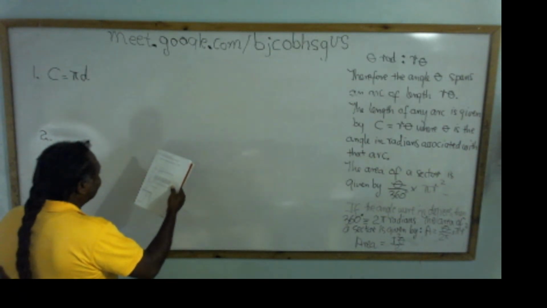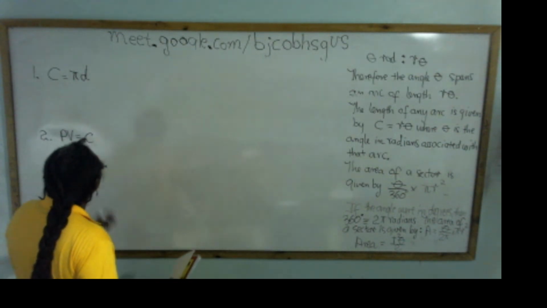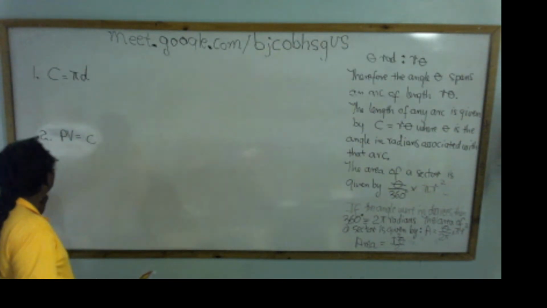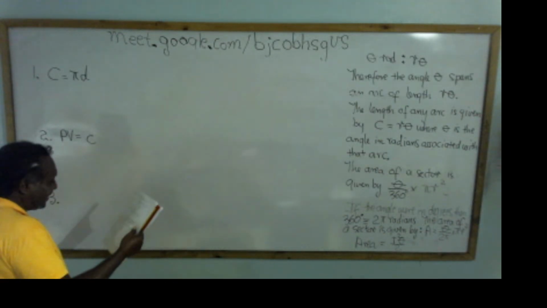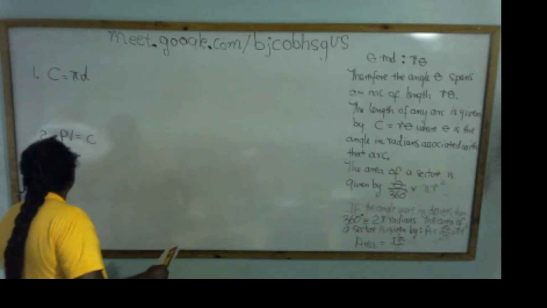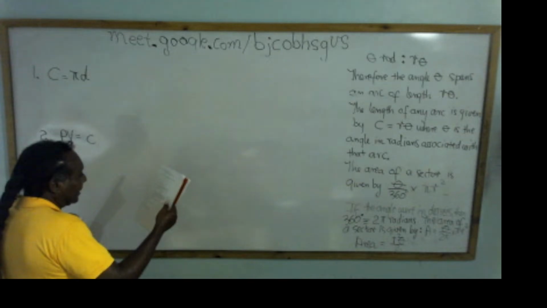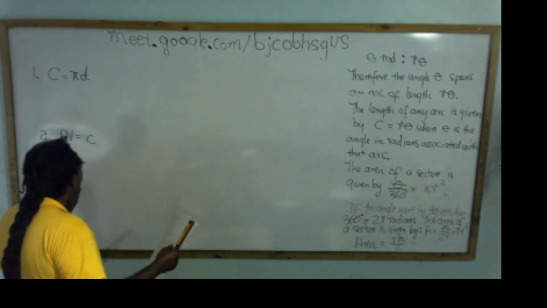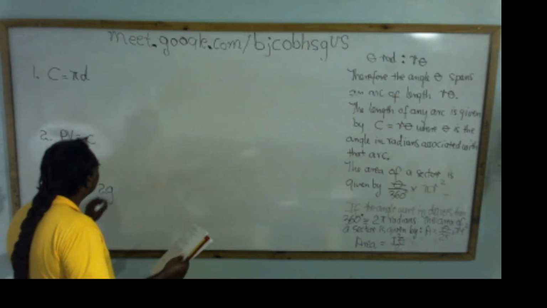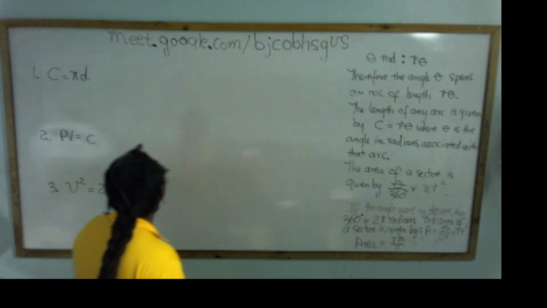Number 2, PV is equal to C, for V. And number 3 is your favorite: V squared is equal to 2GH, making H the subject of the formula.